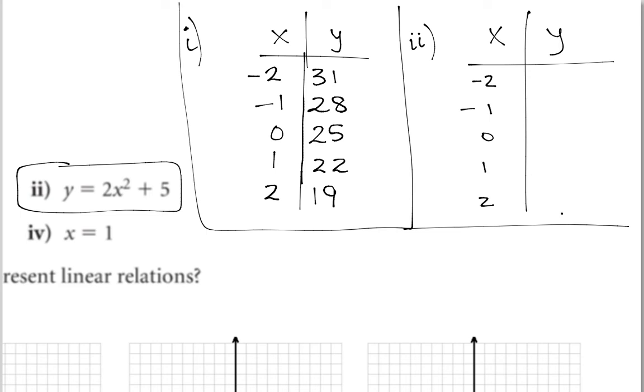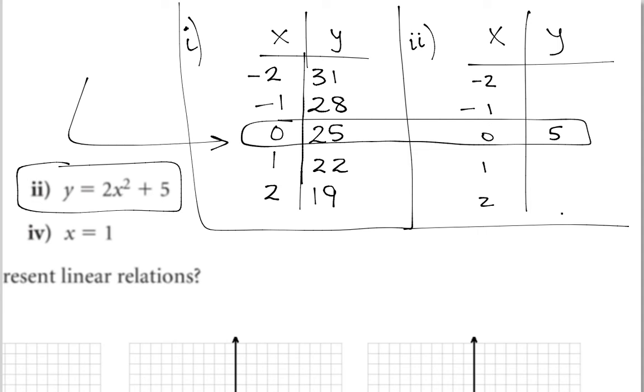More importantly, 0 and 1 are by far the easiest ones to do. So what happens when x is 0? 2 times 0 squared is 0. Y equals 5. That's by far the easiest one to do. And we talked about that one. What's that one called again when x is 0? The initial value or the y-intercept. Either of those are perfect.